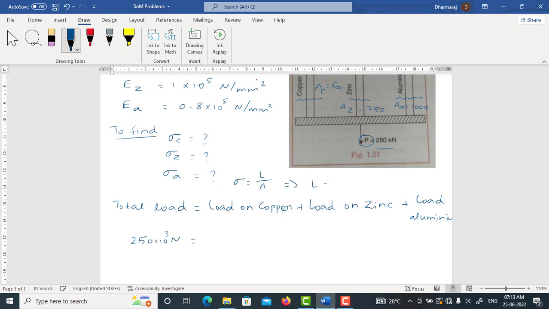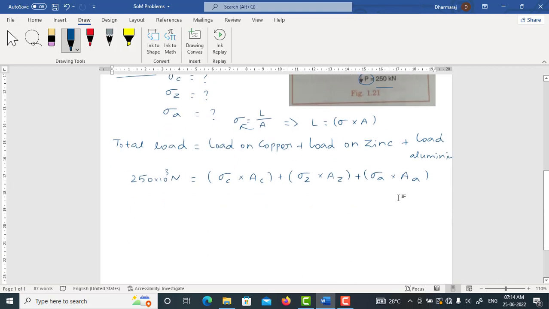We know stress equals load by area, so load equals stress into area. Load equals sigma C into AC plus sigma Z into AZ plus sigma A into AA. Let me consider this as equation number 1.